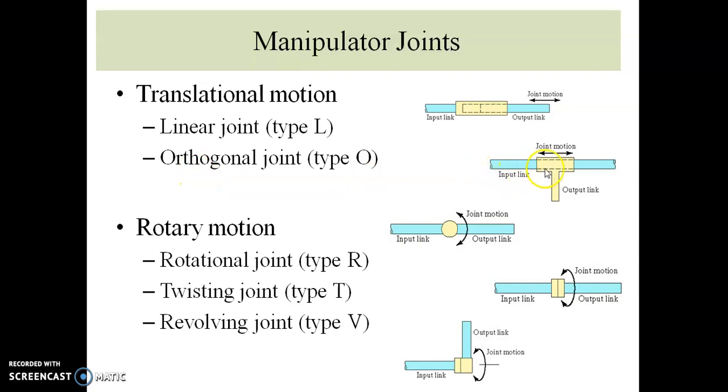This is the orthogonal joint. For rotational motion, we have the rotational joint, twisting joint and revolving joint. This is the rotational joint R, this is the twisting joint T and this is the revolving joint V.